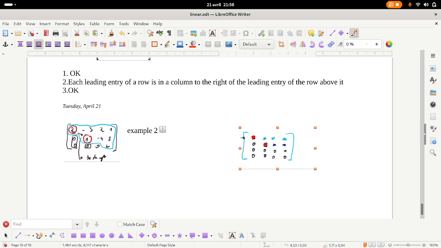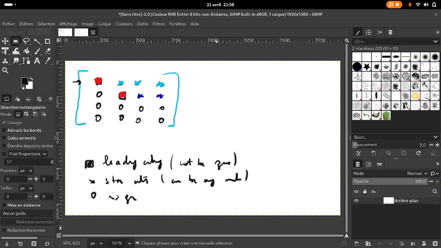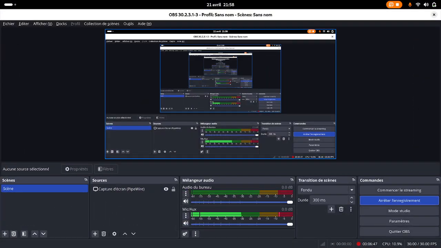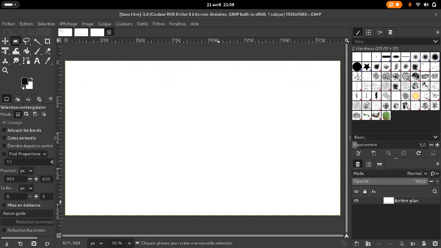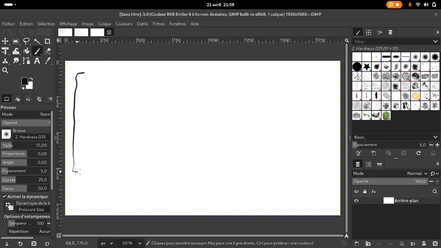And now example 3. Example 3 is, so I have 0 here, I have a leading entry here, and I have 4 rows.